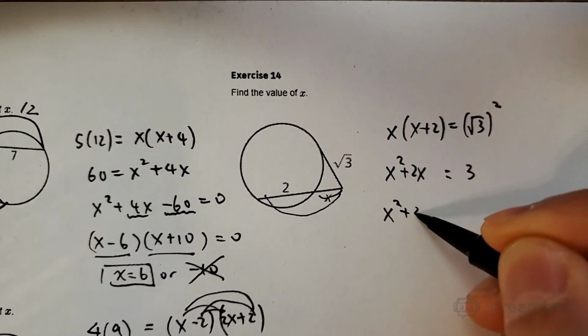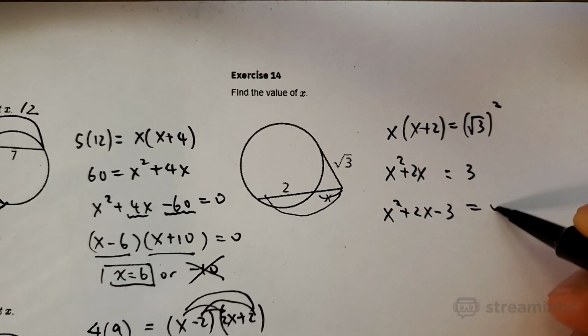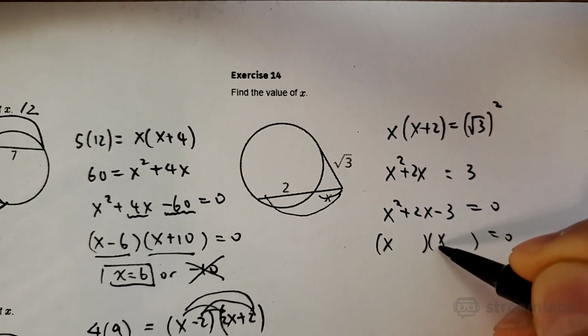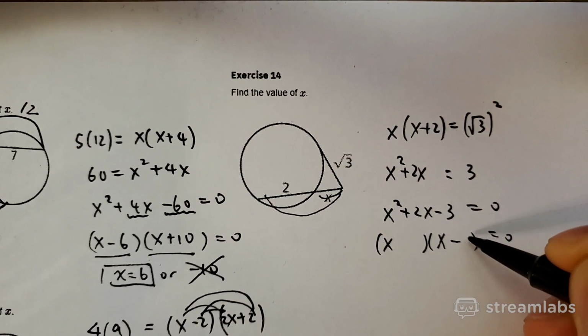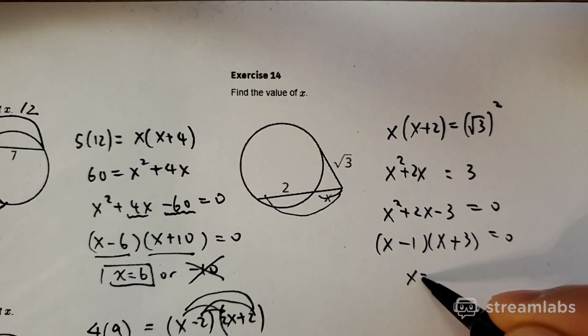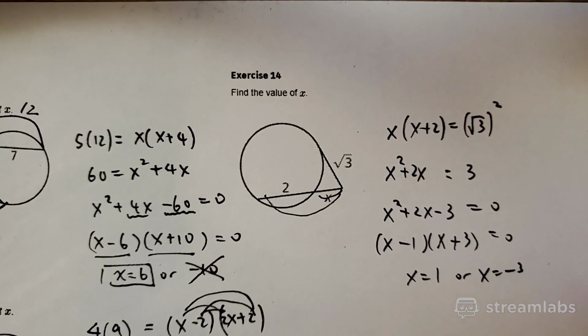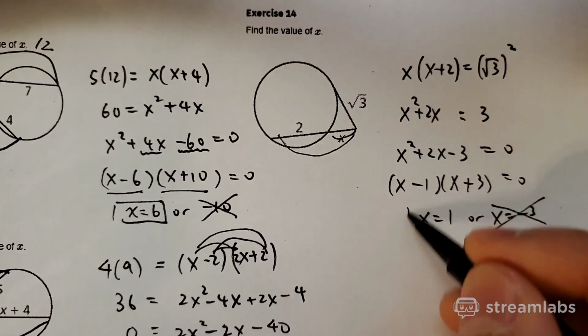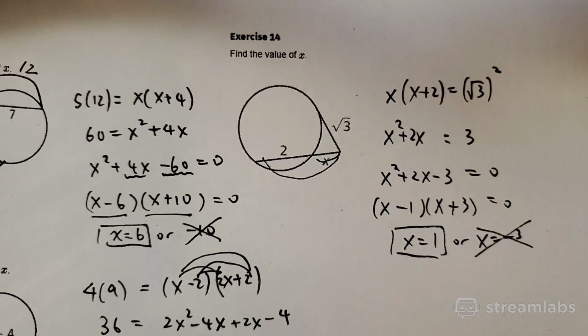So x squared plus 2x minus 3 equals 0. X plus 3, minus 1. So x equals 1, or x is negative 3. Once again, can't be negative 3. Okay, so x equals 1 is your answer. Okay, so that's the solving process.